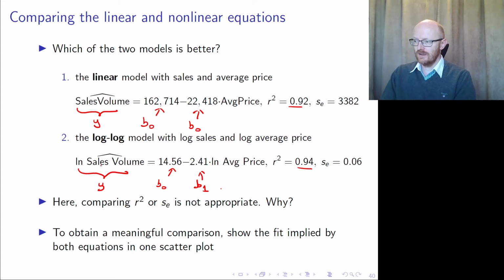We can't really compare the r squared because this logarithmic transform transforms the original variable to a logarithmic variable, and so it's a vastly different variable. So you're really making a model to explain something else, right?